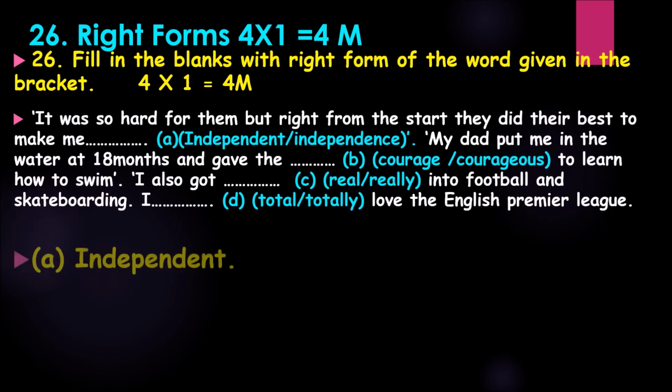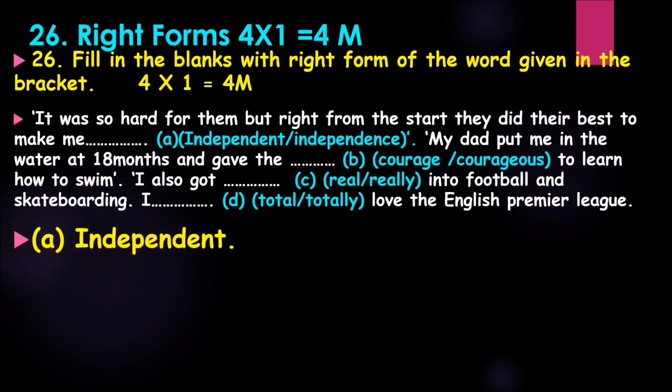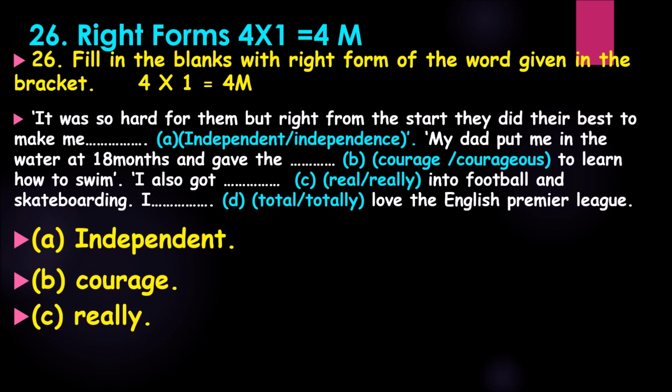So now the answers are A, it's independent, B, and gave the courage, C, I also got really, and D again, I totally love the English Premier League. So these are the 4 options. This is how you have to answer.